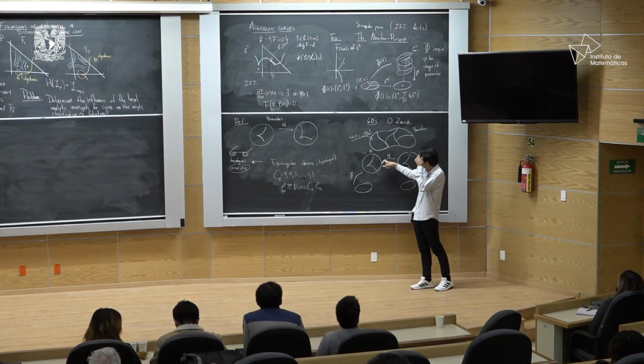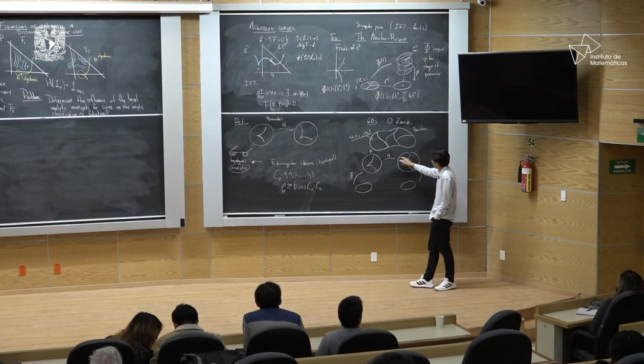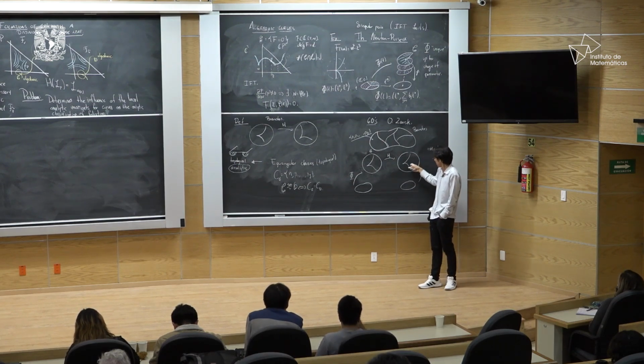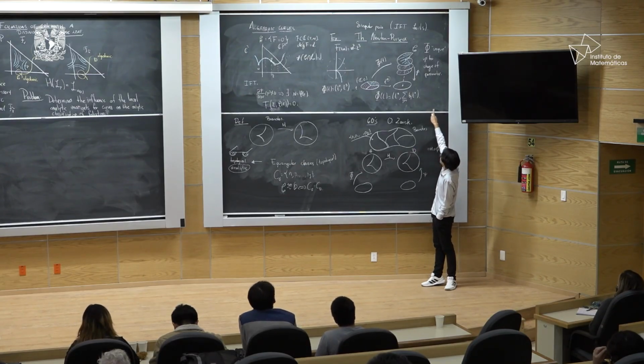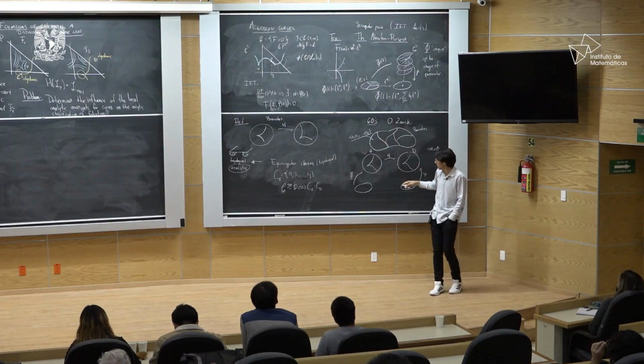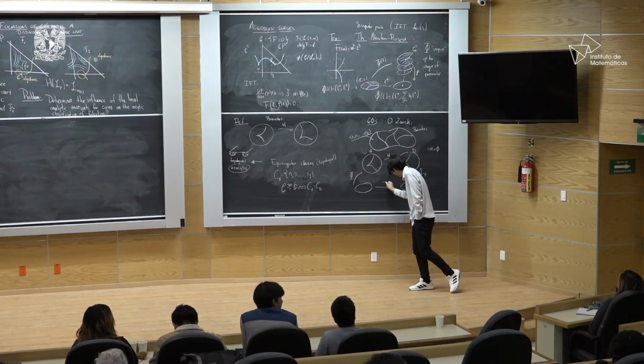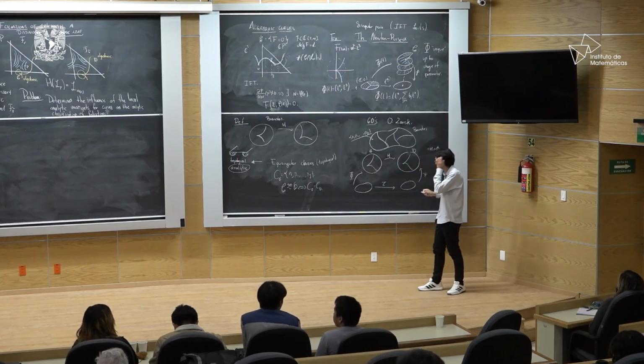And he notes that the composition phi followed by H is again a parametrization of the curve D. So by the uniqueness of the Puiseux parametrization, we have here a local change of parameters.